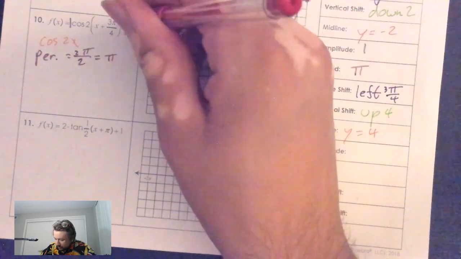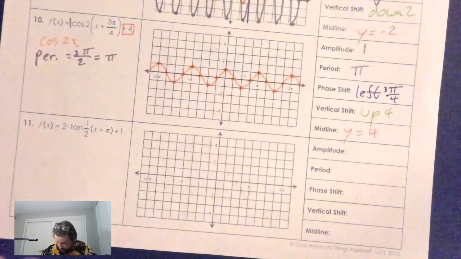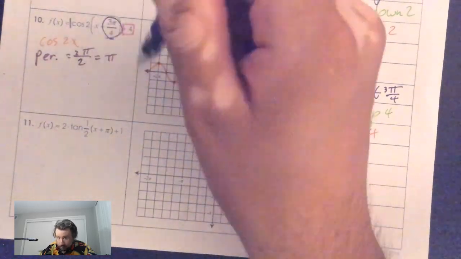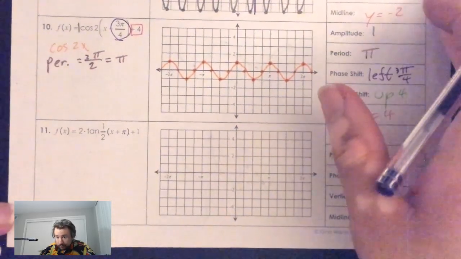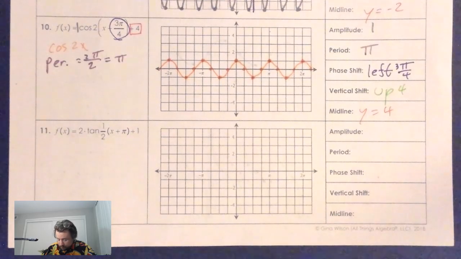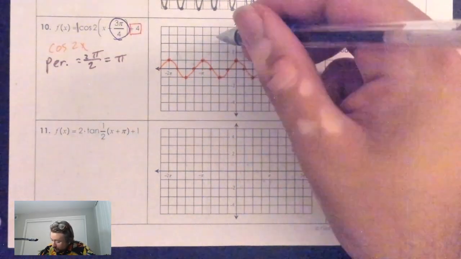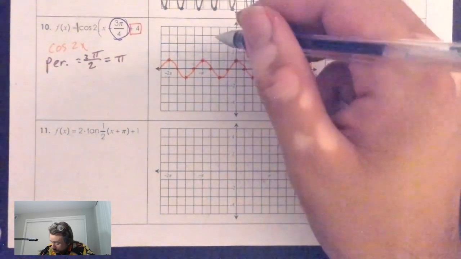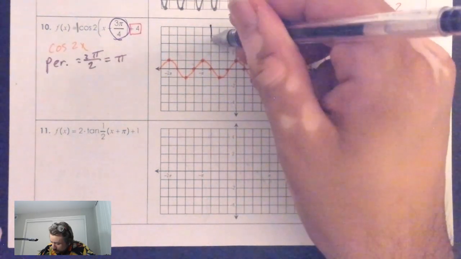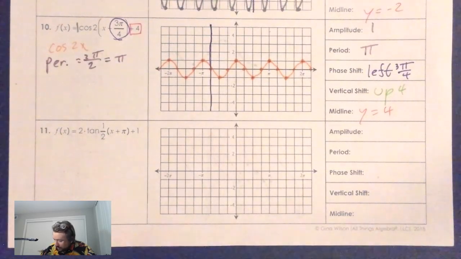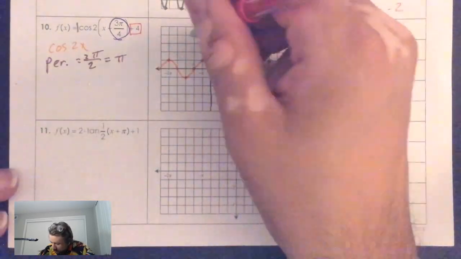Remember, I'm getting these values from here. And so let's draw where my phase shift would put my new axis. So that's left. There. And then down, and then y equals 4, so up 4.